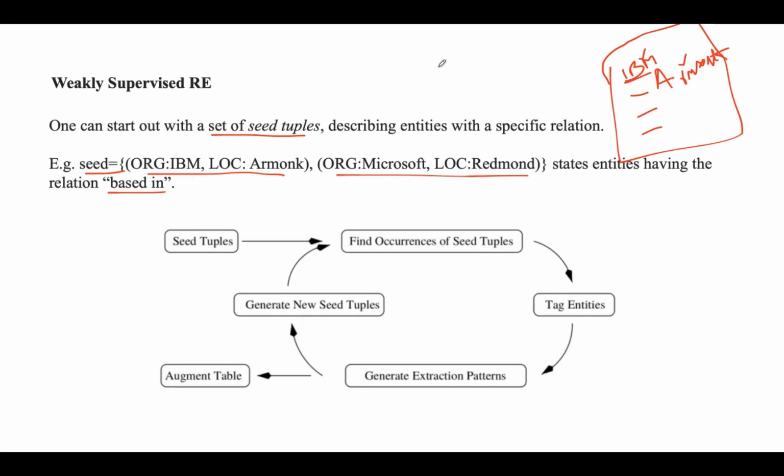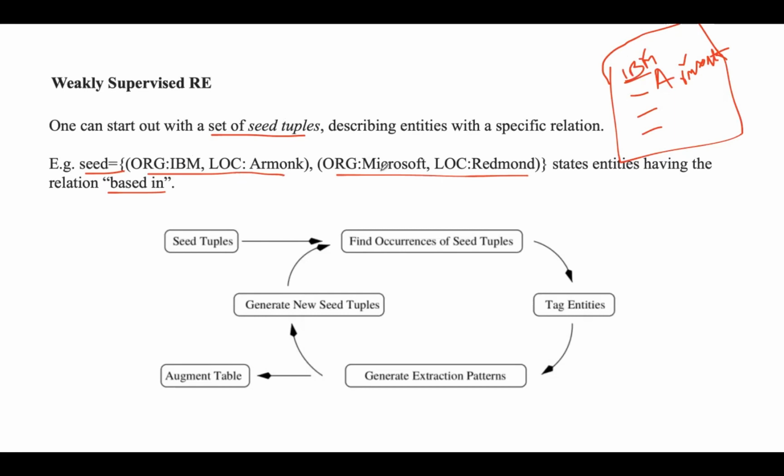So if there is a match, then you can extract those occurrences and tag them with named entities. So what we are doing first, we need to check whether the words which are present in this unlabeled text match with the entities in the seed tuples or not.